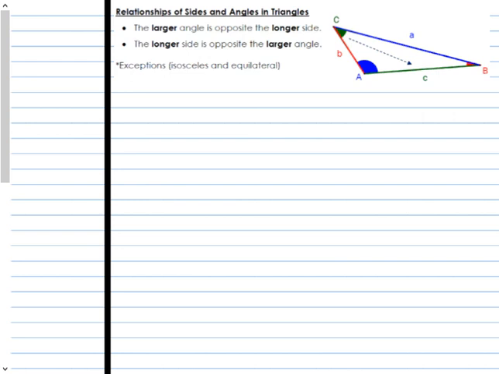If you look at example A, angle A is a big blue partial circle, and side A is across from it, and it's the biggest side. Angle C is opposite side C, and angle B is opposite side B.